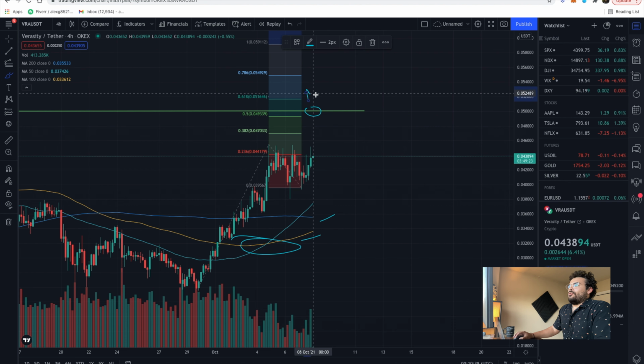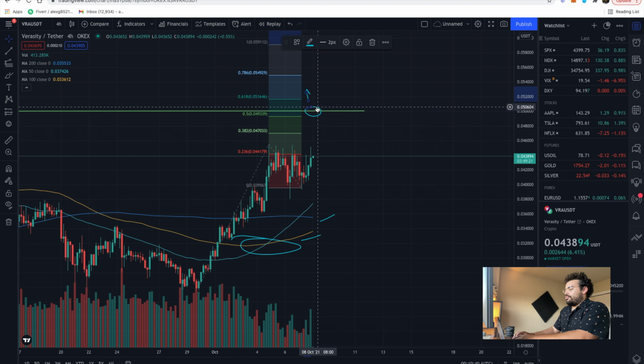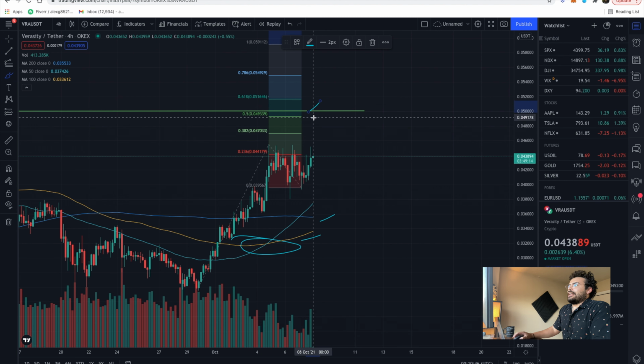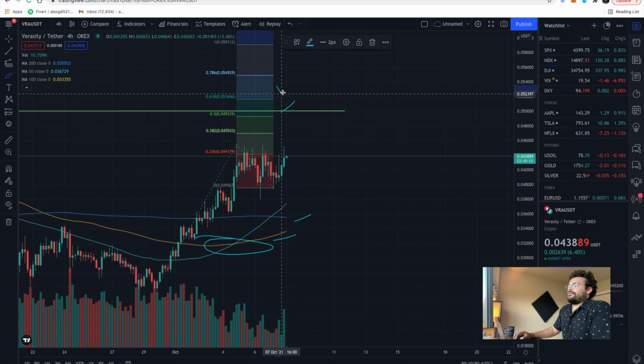What I'm looking for is a break above this previous all-time high right here. And then I think we play between these two fib levels, between 0.05 and 0.055 cents. We play here for a little bit.